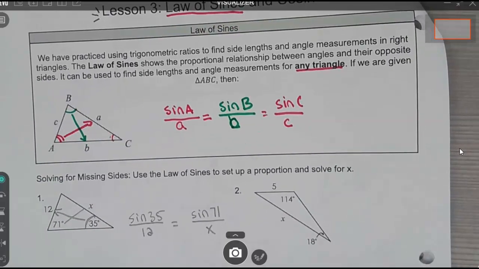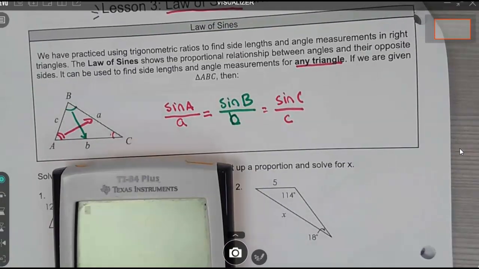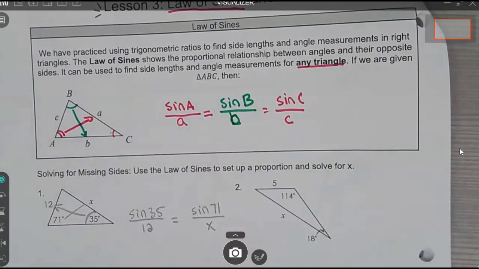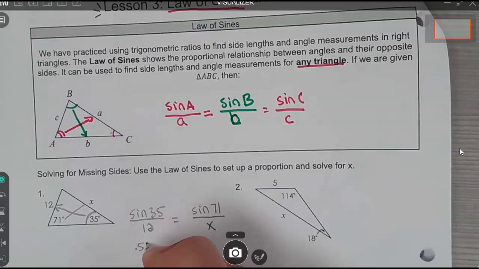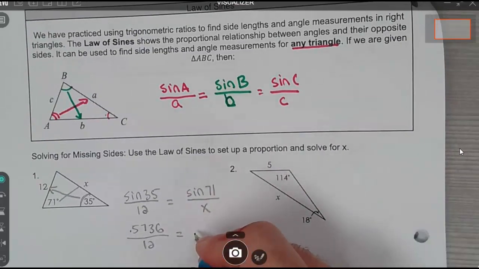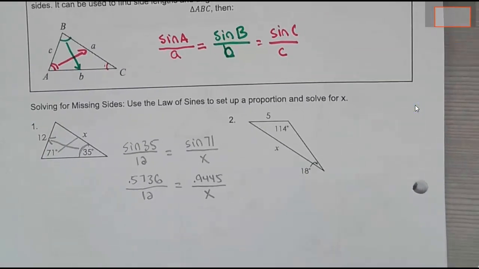Now I can solve this. The first thing that I would do is find what the sine of 35 is, and when I do that, I get 0.5736 over 12. And then in my calculator, I would do the sine of 71, which would be 0.9445 over x. Then if we want to solve this, we would just do some cross multiplication.